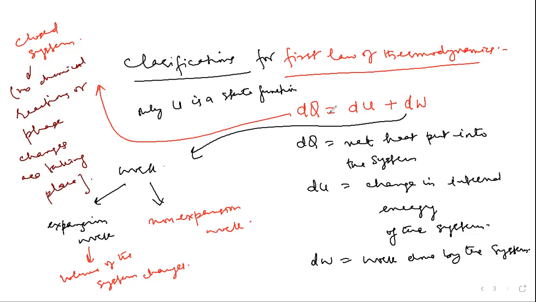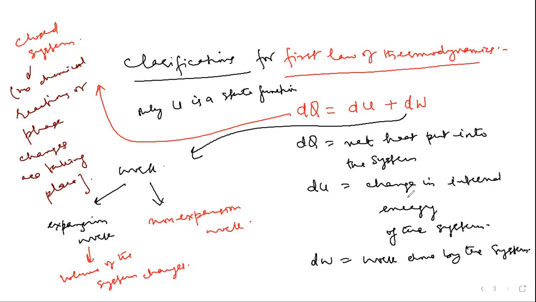I am saying when we are applying first law of thermodynamics to a system, we are considering in general some closed system, and it is assumed or embodied within this expression that in this closed system under consideration, no chemical reactions or phase changes are taking place, right? So you need to remember this forever, right?